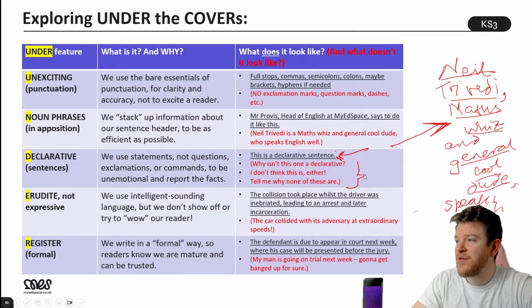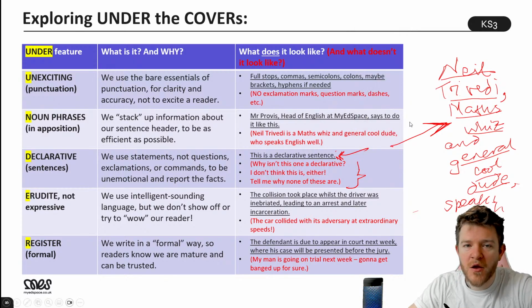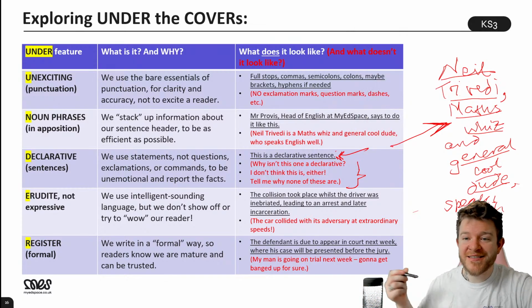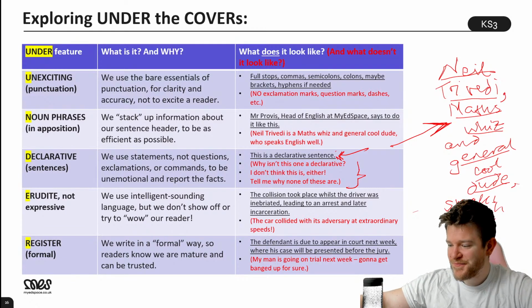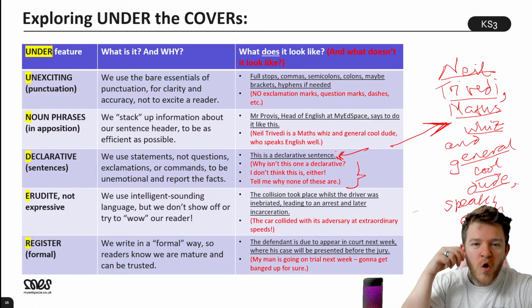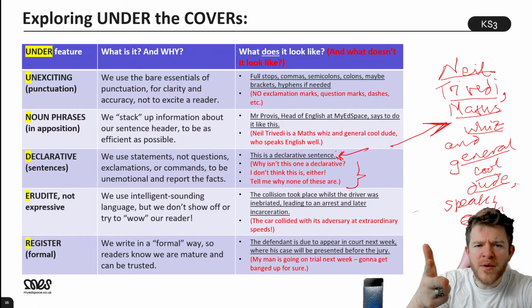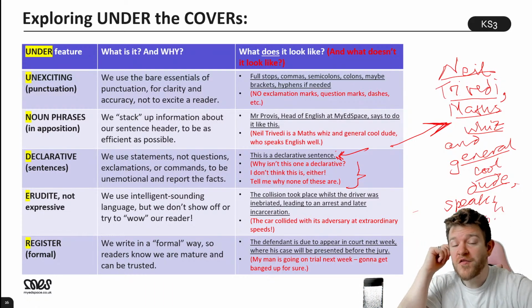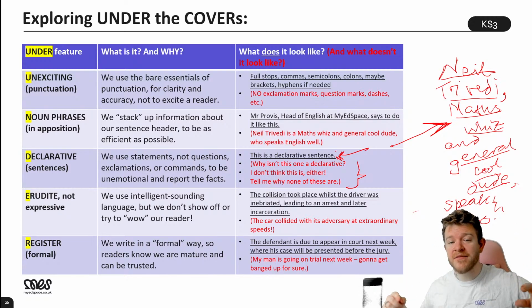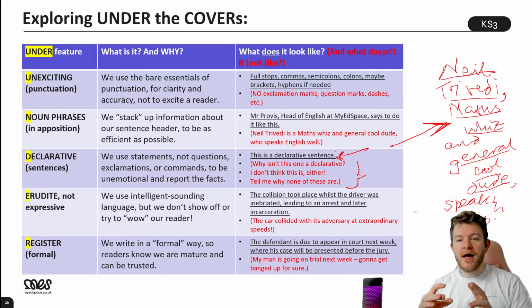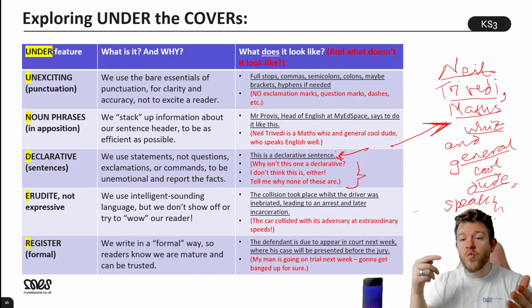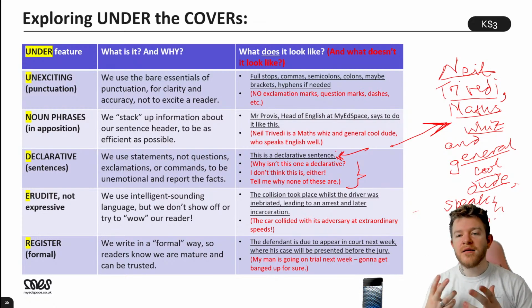Who can tell me what these different sentences are? These are all different types of sentences, not declaratives. How do we know that they're not declarative? What are they instead? Okay, let's see.